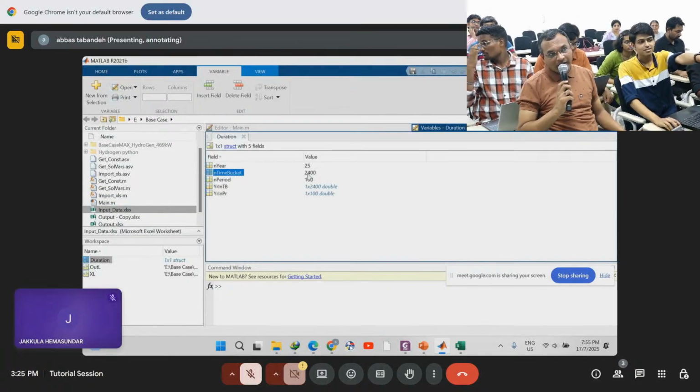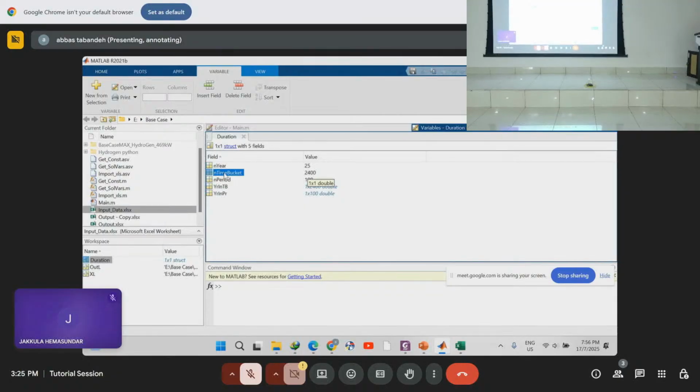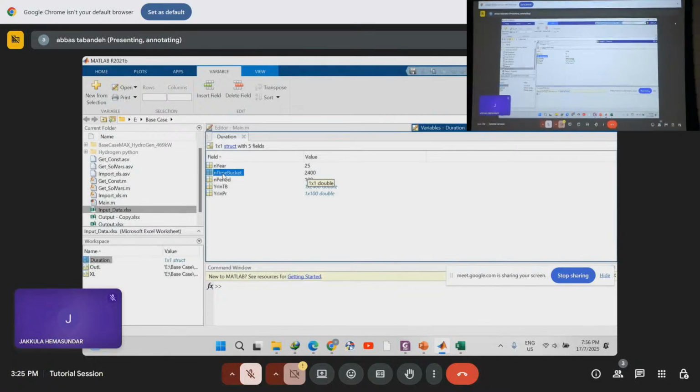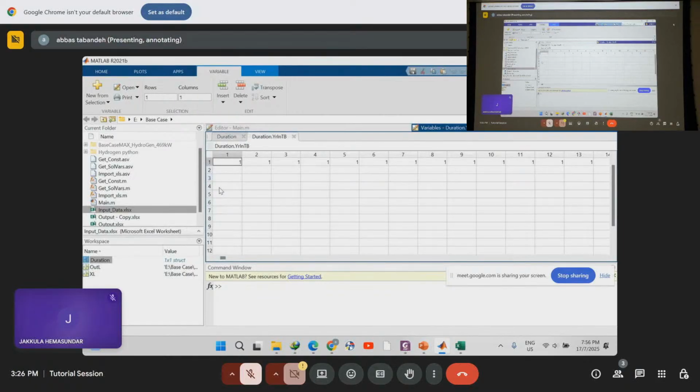This is equal to 2,400, the number of operational snapshots that we have. And this one is the number of periods multiplied by 25 years. And this one shows years in time bucket. As you can see, the first 24 hours are 1, 1, so it should be 1 until 48.